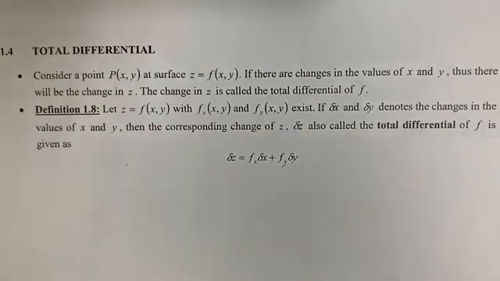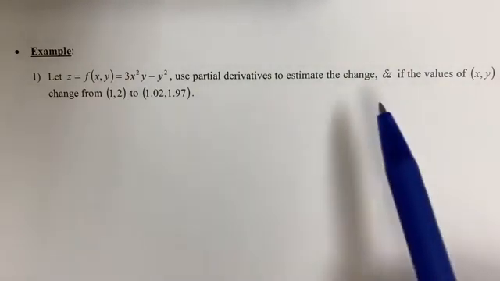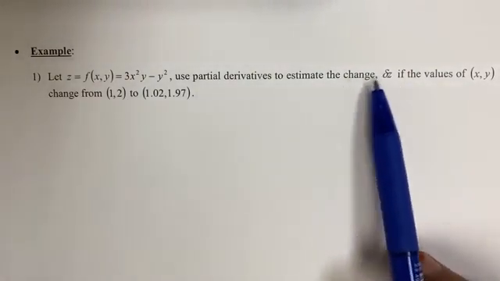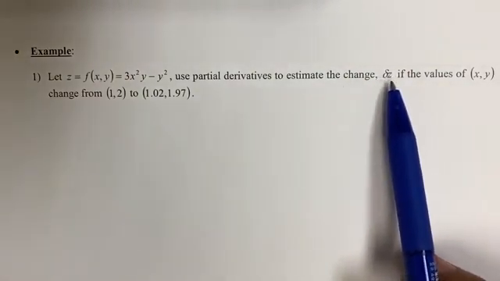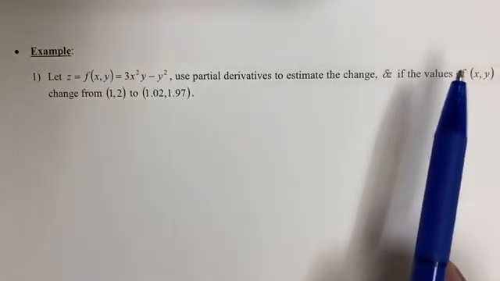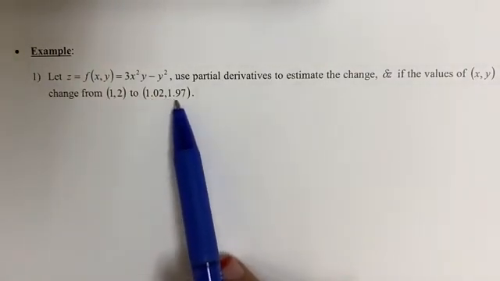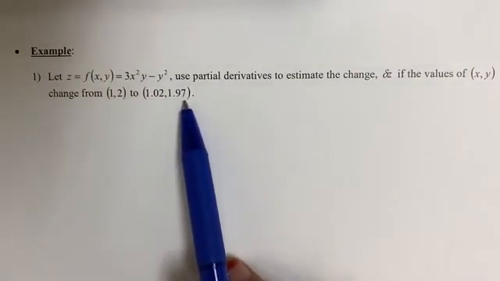Okay? For example, let z equal to f(x,y) equal to 3x squared y minus y squared. Use partial derivative to estimate the change delta z, the total differential, if the values of x, y change from (1, 2) to (1.02, 1.97).